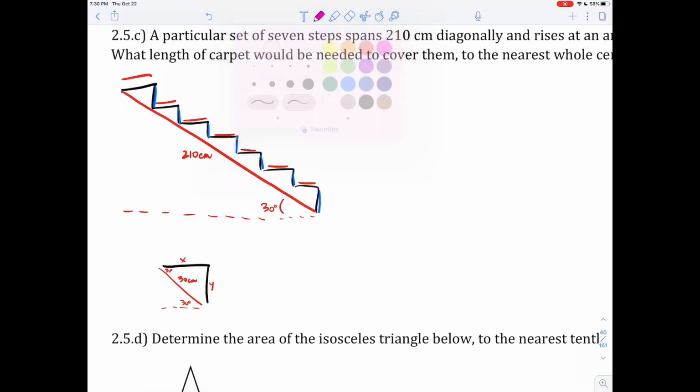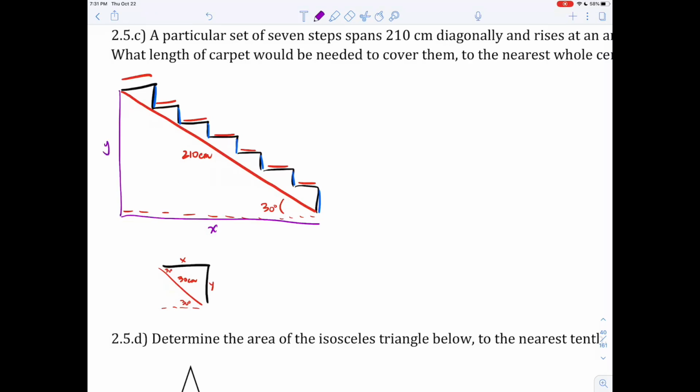I'm going to call this side X. I'm going to call this side Y. And hereabouts, I will then say cosine of 30 degrees is equal to adjacent X over 210.